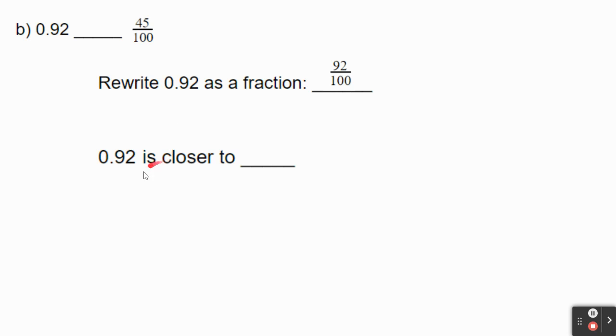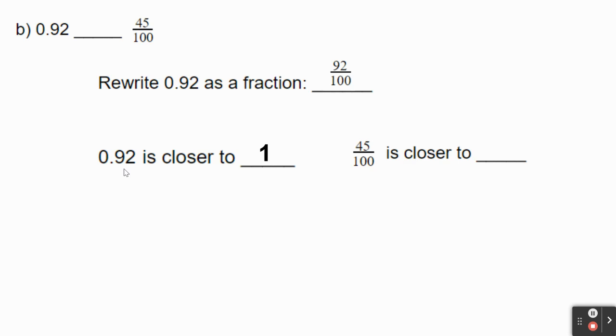We're not going to draw a visual model for this one. We're just going to use our reasoning skills to know that 92 hundredths, well, if 100/100 is 1 whole, we're only 8 hundredths away from the whole being shaded. So 92 hundredths is closest to 1. Now we're going to compare this to 45 hundredths. Well, let's think. Half of 100 is 50.